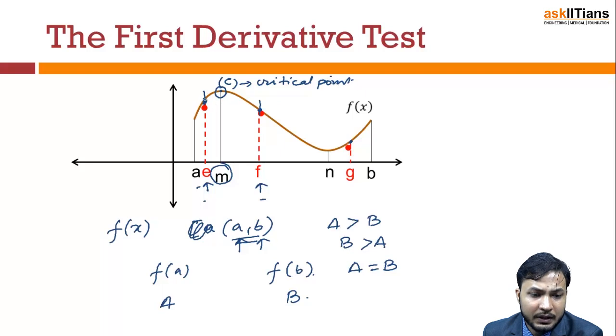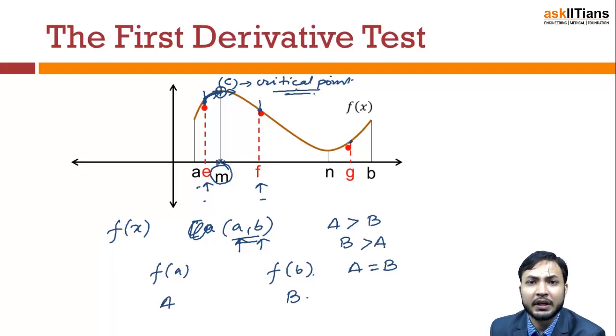From here to here, if I go along this part, the function value keeps on increasing. But when I have achieved the maximum value, after that the value starts decreasing. So there is a change that occurs from this part to this part. This is the critical point.